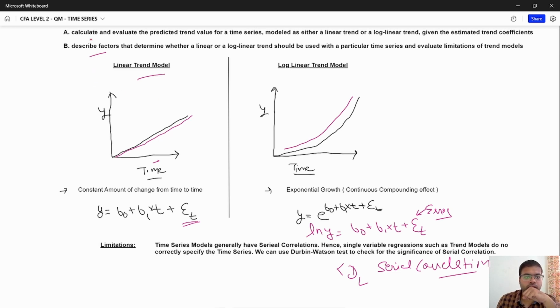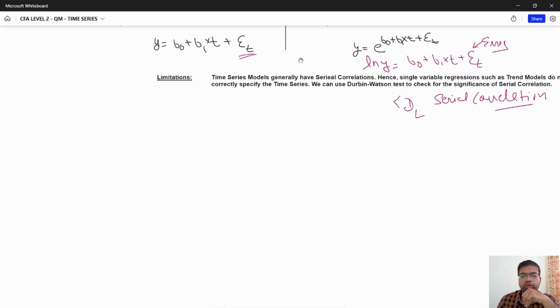For learning outcome statement A, calculate and evaluate the predicted trend value. Suppose you are given two models.